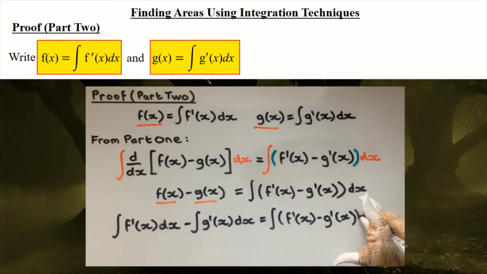And I've got to close that bracket there. Now there's our result. So it's written the opposite way around, but we can see that if I want to integrate the difference between these two functions here, I get the integrals written separately.